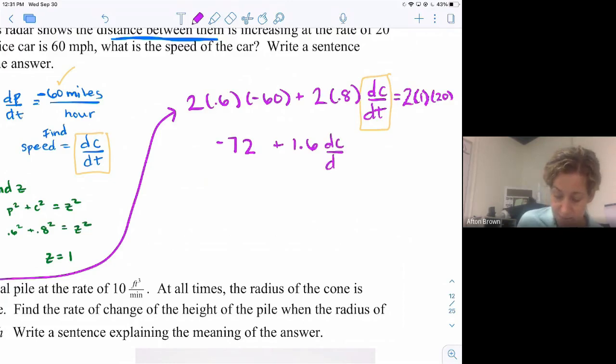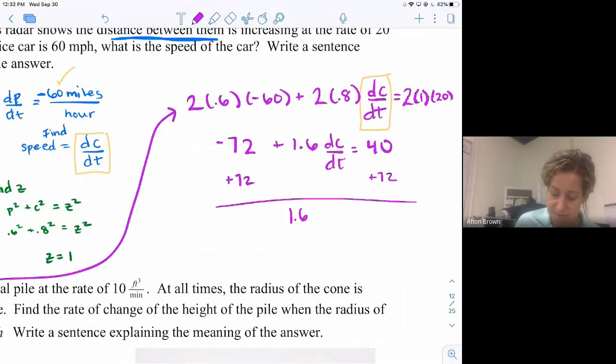On the other side, 2 times 1 times 20, I get 40. Everybody okay to hear? Then I'm just going to add the 72. So I'd have 1.6 dc dt equals the 40 plus 72, so that gives us 112. We'll divide that by the 1.6.